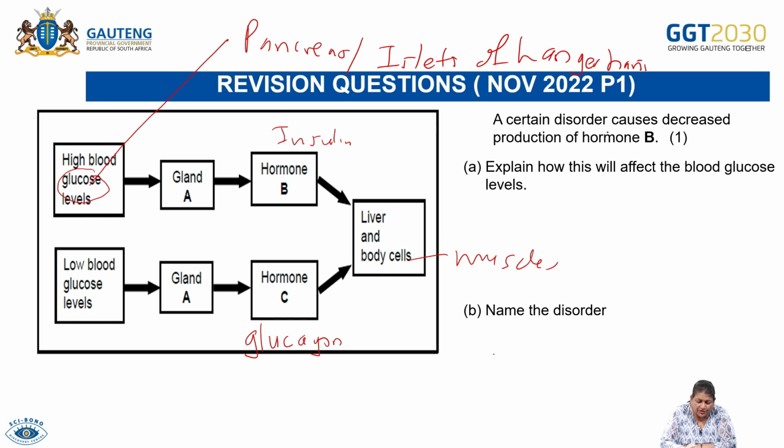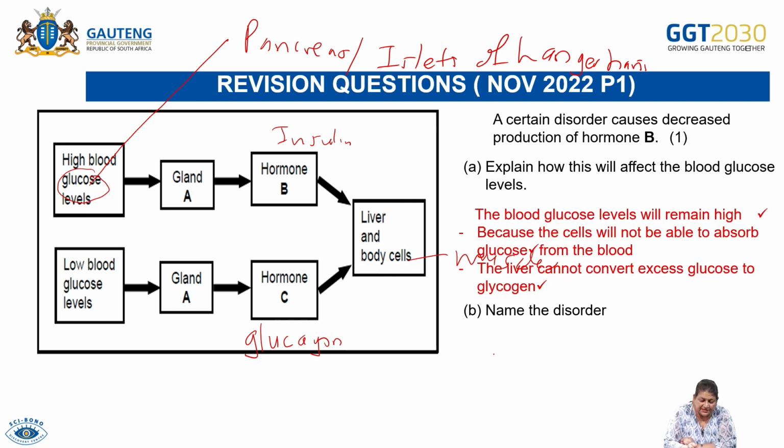So let's see. A certain disorder caused the decrease in production of hormone B. What is hormone B? Insulin. So what is the disorder that's going to cause less insulin? It's going to be what? Diabetes mellitus.